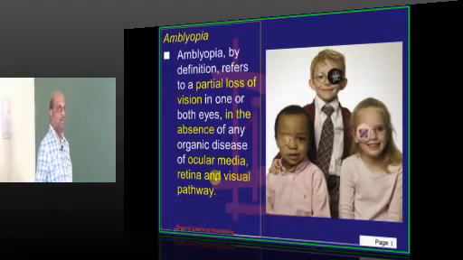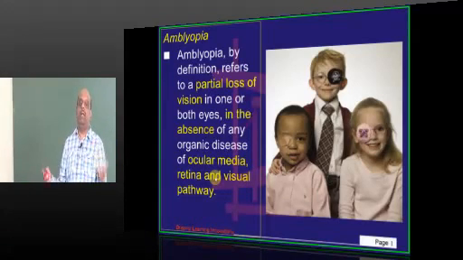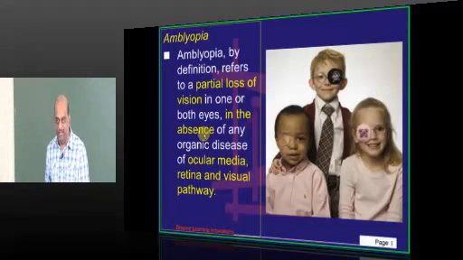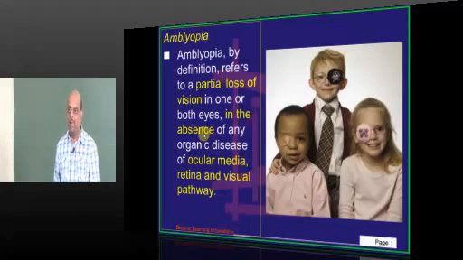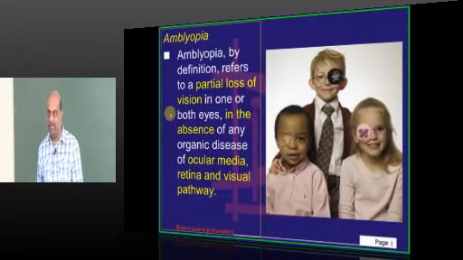That means, suppose somebody is unable to see because of a cataract, you don't call it amblyopia. If I have conjunctivitis and can't see, we don't call it amblyopia.